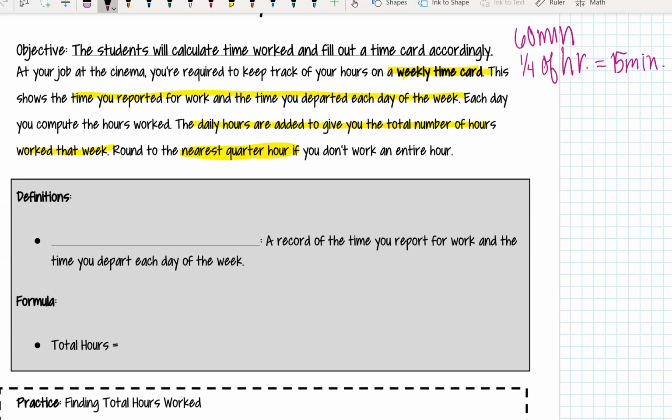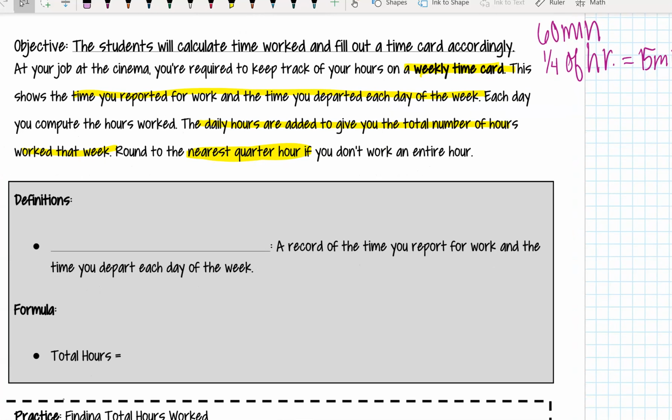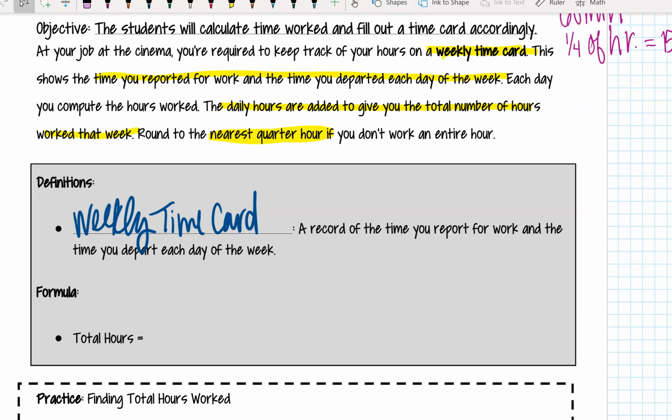Awesome. Okay, so definition: a record of the time you report. That is your weekly time card. All right, so for the formula, there's no real formula for this.